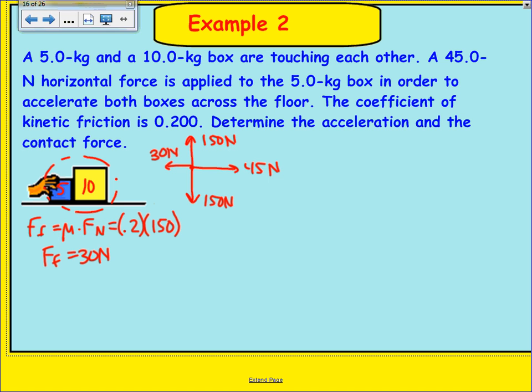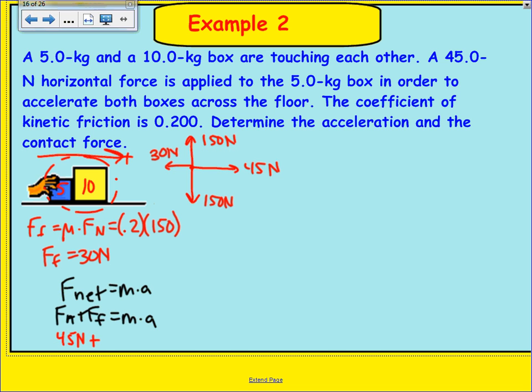So when I think about what my net force is that's acting on the system as a whole, my net force is going to come from my force applied plus my force friction, equaling mass times acceleration. The force applied we know is 45 newtons, and it's positive 45 because I'm making right the positive direction.